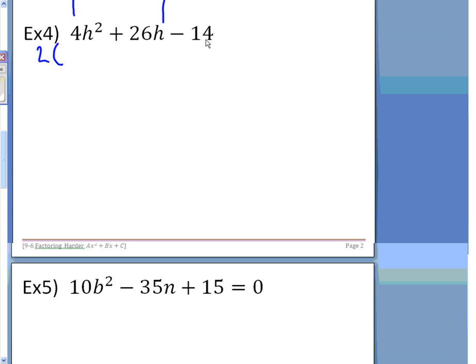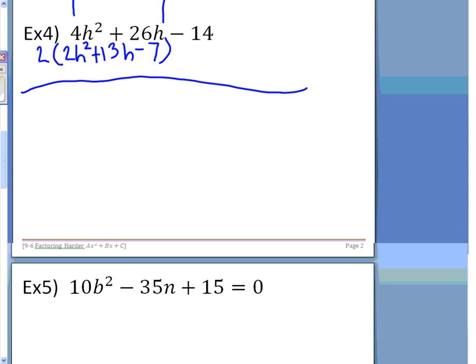I can divide all three of these numbers by 2, and I end up with 2h squared plus 13h minus 7. Okay? And that's going to be the table. That's a really bad table. But that's going to be the table that I'm going to use. All right. 2h squared plus 13h minus 7.